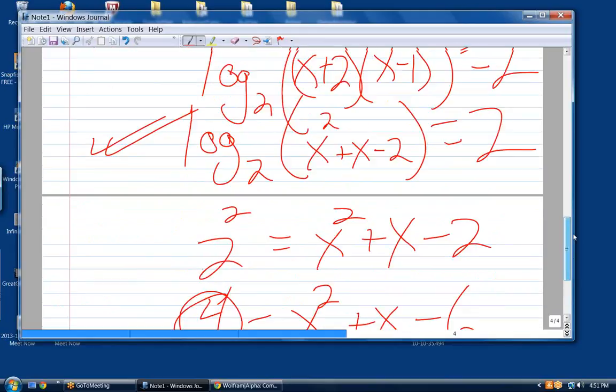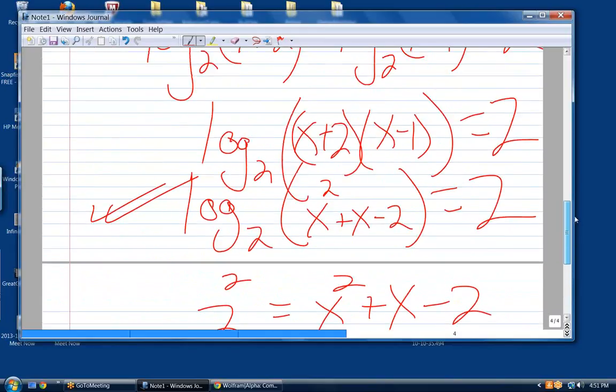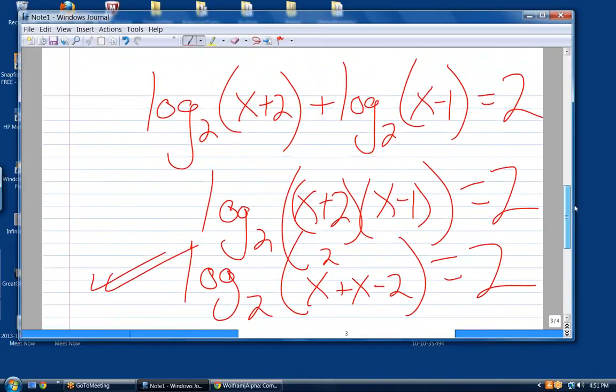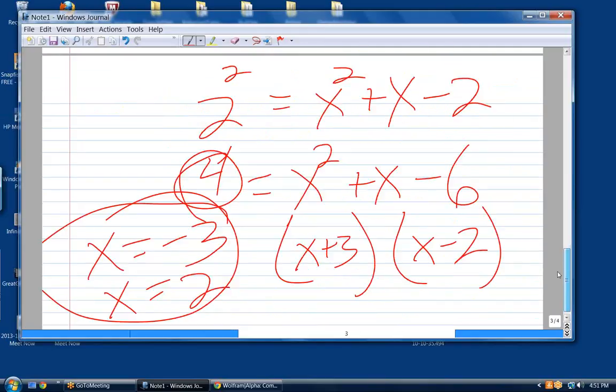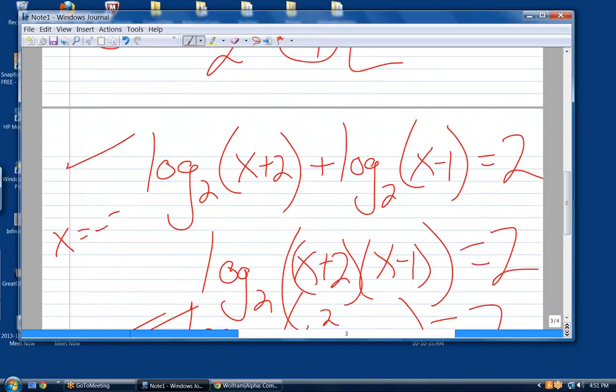However, with logarithmic expressions, you got to be a little careful that you don't violate domains. We have to go all the way back to the original problem. What were my solutions? X equals minus 3 and x equals plus 2. Notice that one of those solutions has me taking the log of a negative number. Both of them do. In other words, this is not a solution because it violates the domain of the log function. The domain of the log function is whatever you're taking the log of has to be positive.